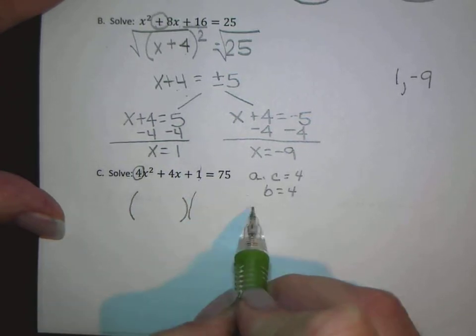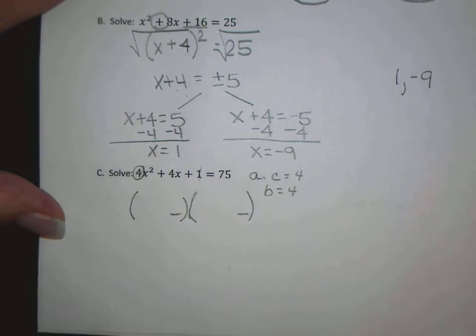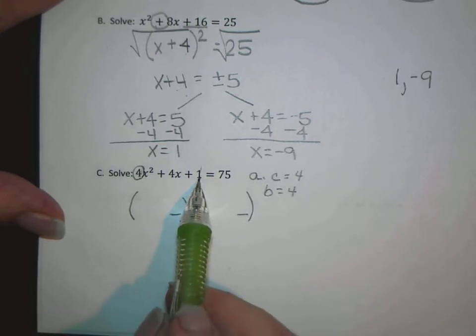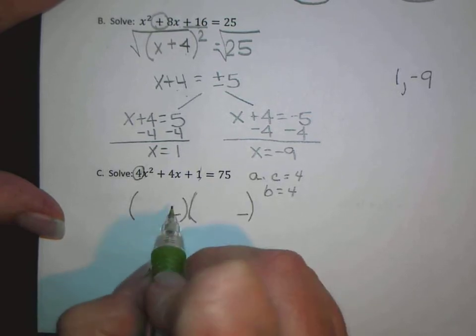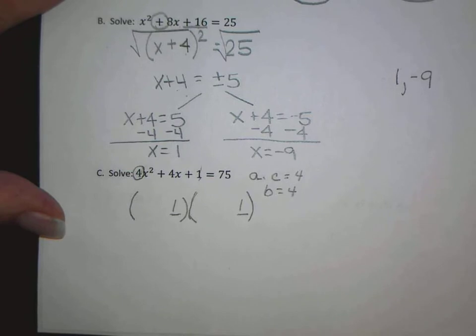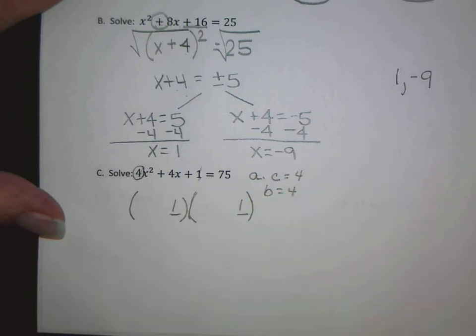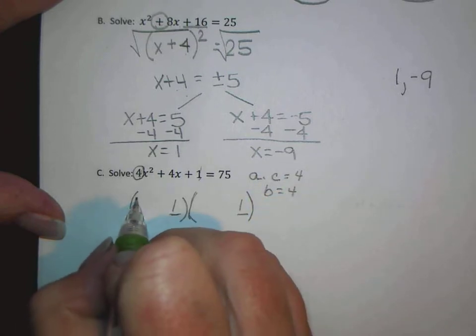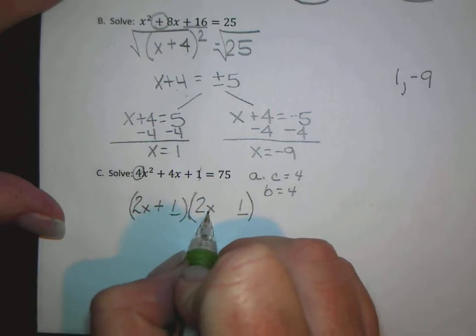If you were to come up with two binomials, and you were to multiply the last times the last, they would still have to equal 1. So the only way to multiply two numbers to get 1 would be 1 and 1. But we need to make it 4. And remember, our parentheses have to look the same. So it's actually going to be 2x plus 1 and 2x plus 1.